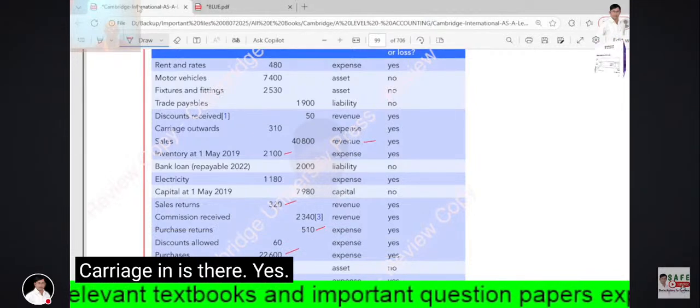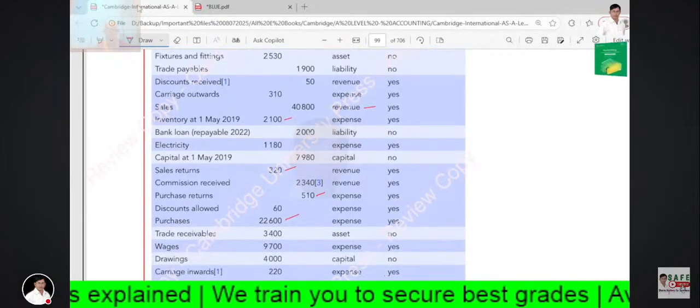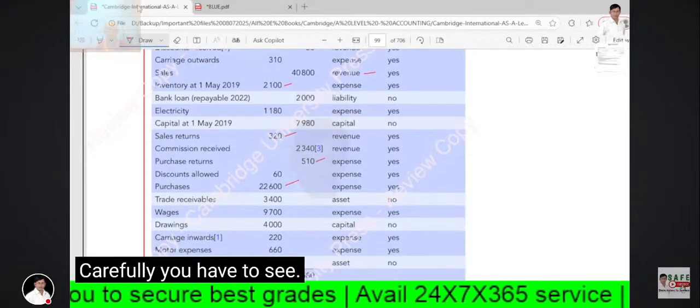Carriage inward, yes. So carefully you have to see, don't miss out any item.